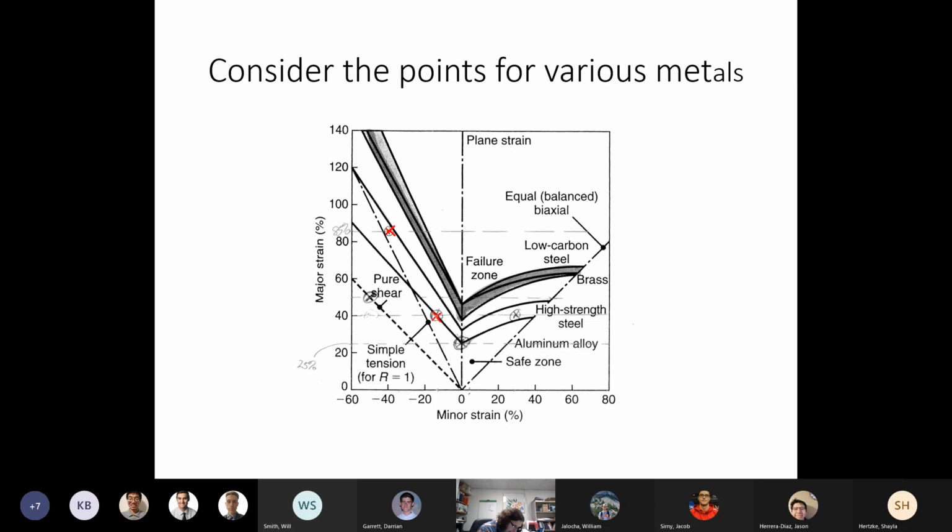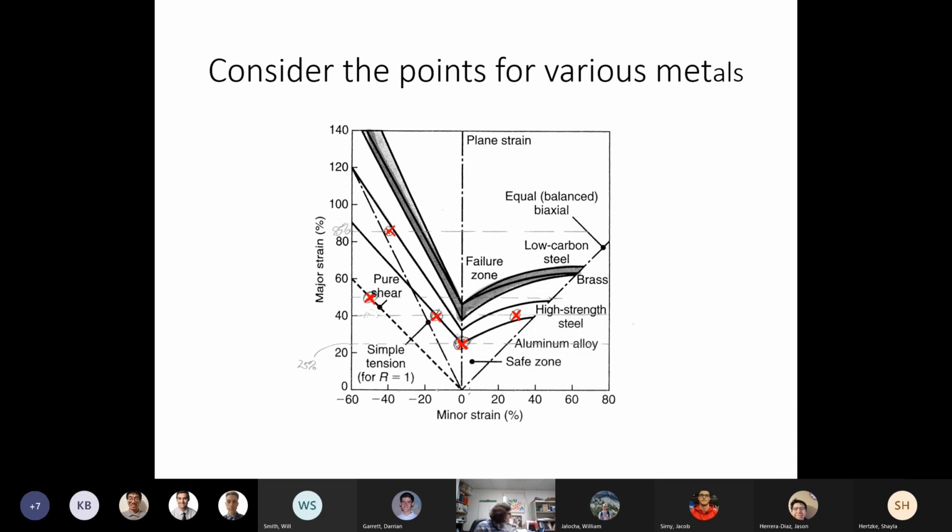So there we have B. C is 49, negative 50, like right here. Well, that's kind of festive. We see that point C is pure shear. That's lovely. D is 40, but now we're positive 30, so we're right there. And then E is 25, 0. So E comes out to be right here.